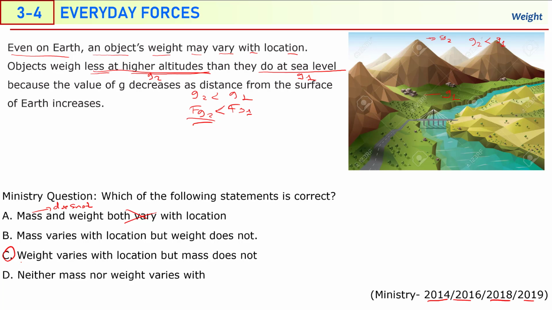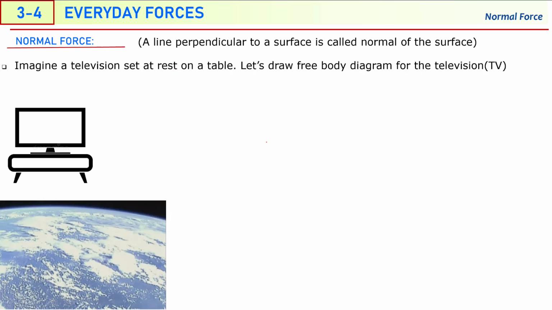Now we'll continue with another everyday force, which is the normal force. Normal as a word means a line perpendicular to a surface.